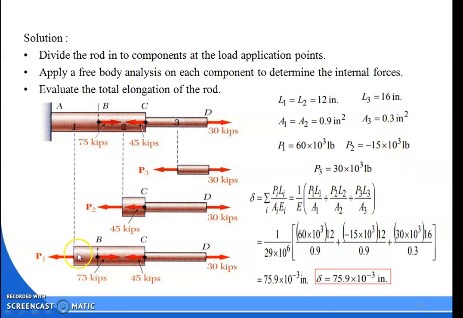Okay, now come to the last part of this section. Here we know that up to this much, our net force is minus 15 into 10 to the power 3. Now take a look over here. Here it is 75 kips and the P2 value is minus 15.